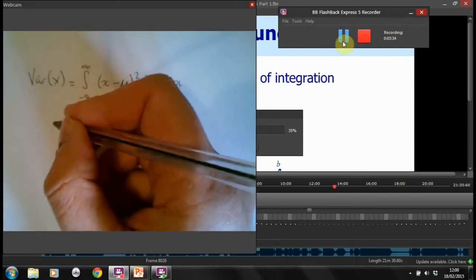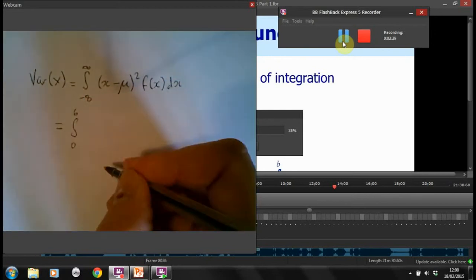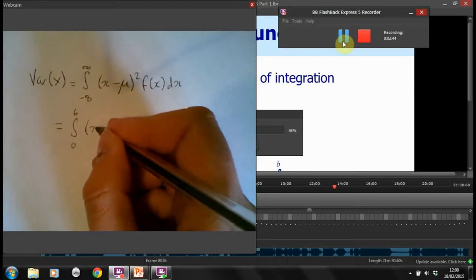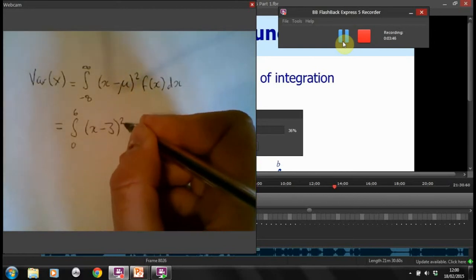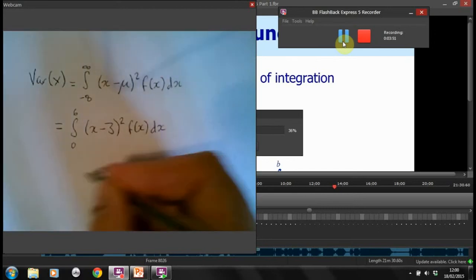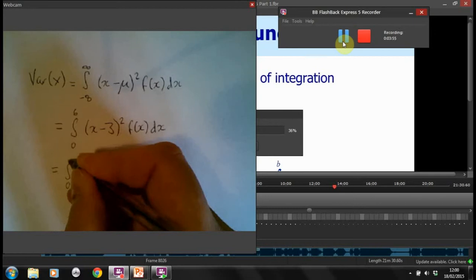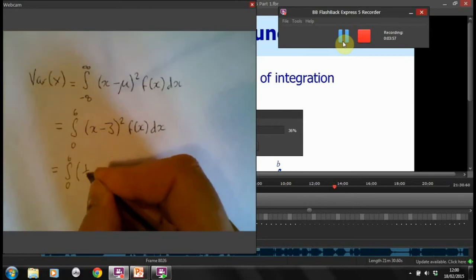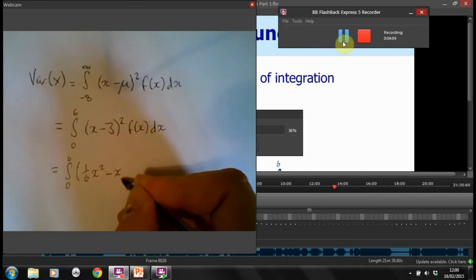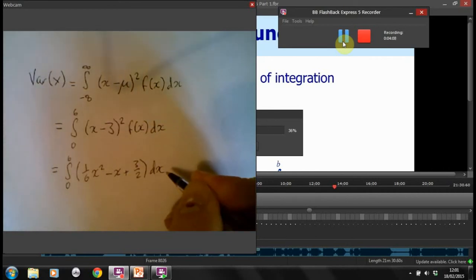In this case that's going to be the integral between 0 and 6 of x take away 3 all squared times f of x with respect to x. And then if we expand that out a little bit, that's going to be the integral between 0 and 6 of 1 over 6 times x squared take away 6x plus 9 with respect to x.